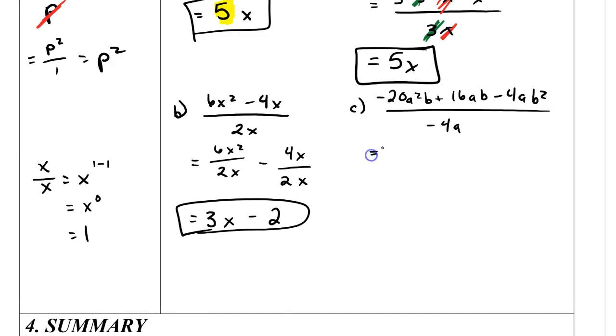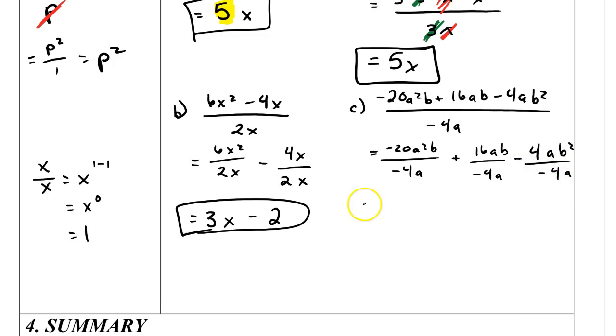So first of all, let's break it up into the three terms that we see on top. So negative 20a squared b over negative 4a plus 16ab over negative 4a minus 4ab squared over negative 4a.